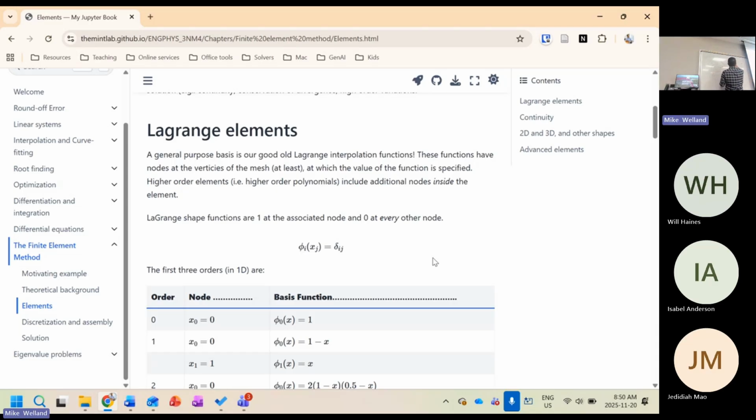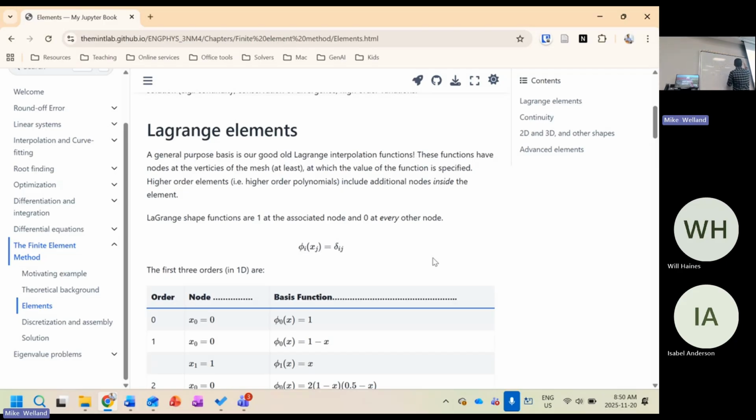So we're going to have one function that is 1 here, 0 at all the other ones. We're going to have another one associated with this DOF that's 1 there, 0 at all the other ones, which makes finding our weighting coefficients super easy because all we've got is a single value associated with each shape function.